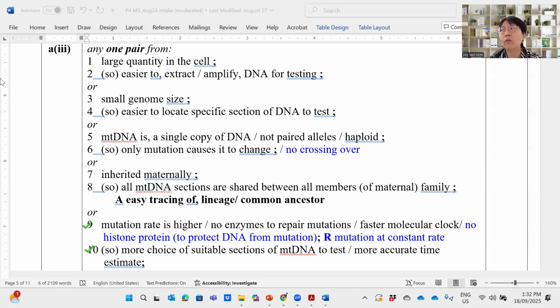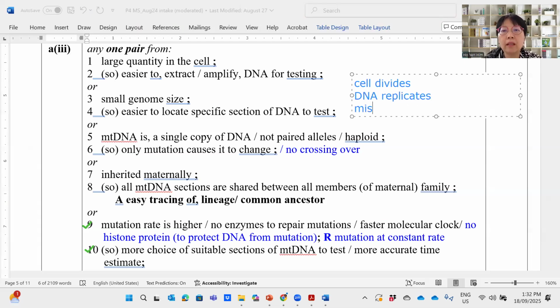Why can division cause mutation? Every time the cell divides, DNA has to replicate. When DNA replicates, a wrong nucleotide or base can be added in. Let me write in words: when the cell divides, then the DNA must replicate.